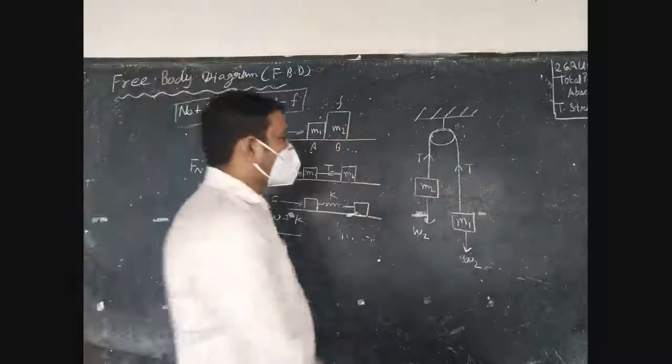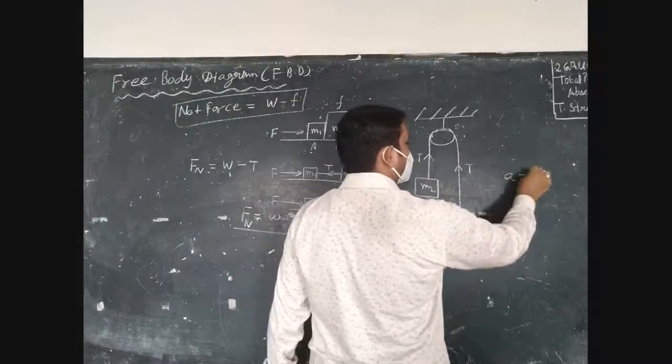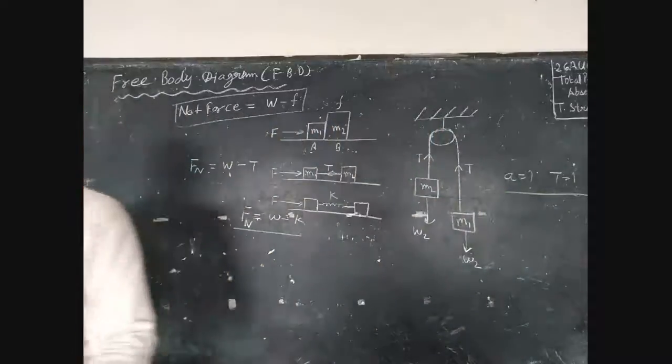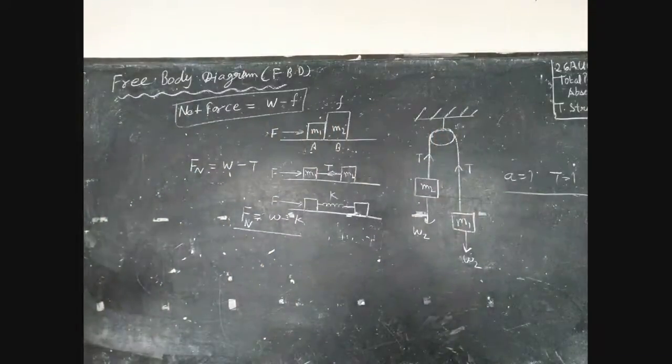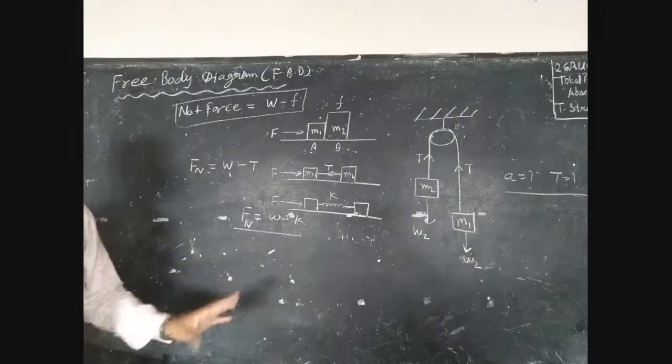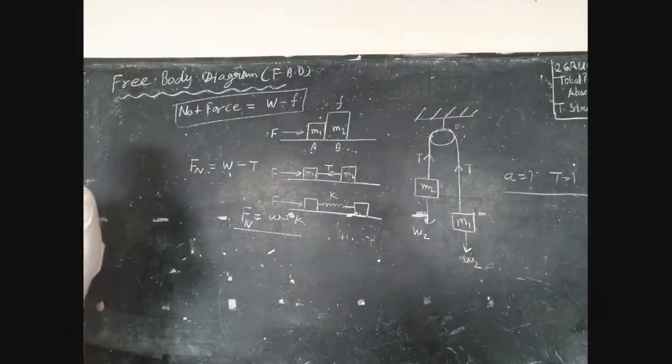We need to calculate here to determine the acceleration as well as the tension appearing in the string. All these problems we solve by using the free body diagram. Now we understand the problems.